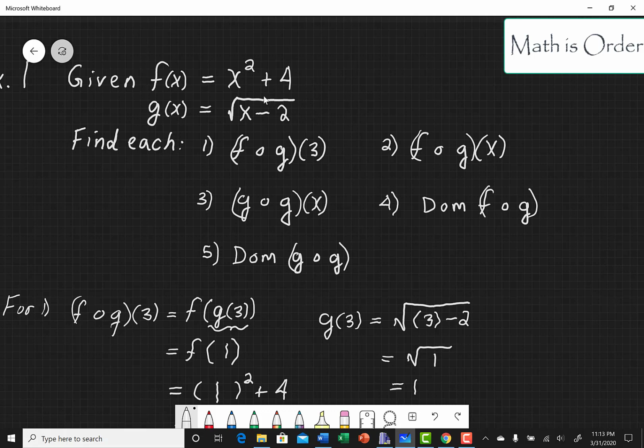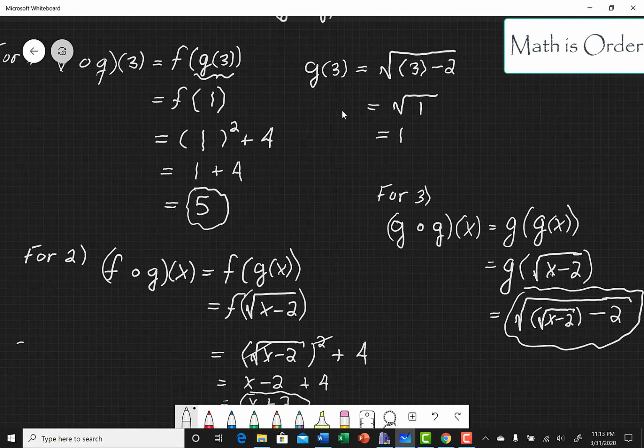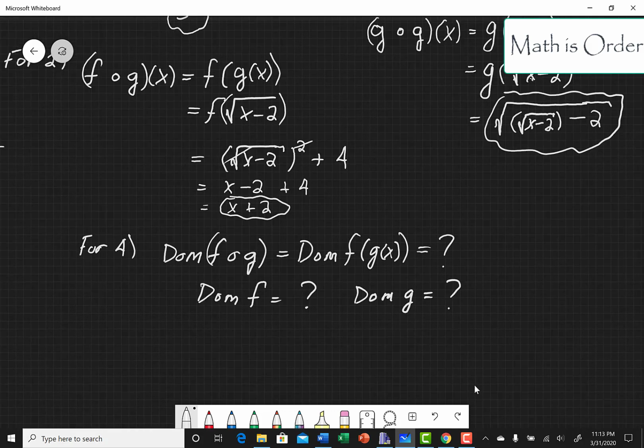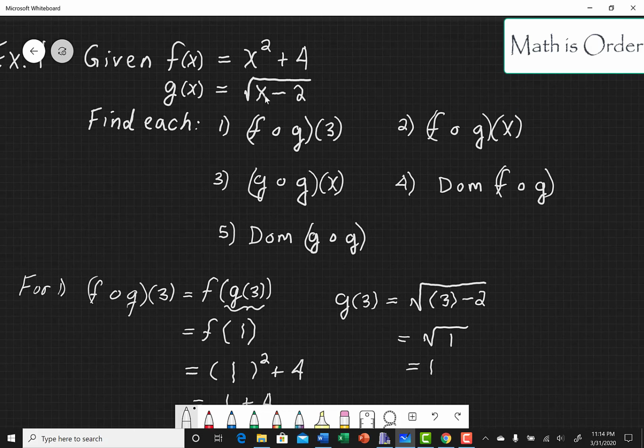So for any polynomial function, the domain is all real numbers. But for g, the domain is restricted to all values greater than or equal to 2.